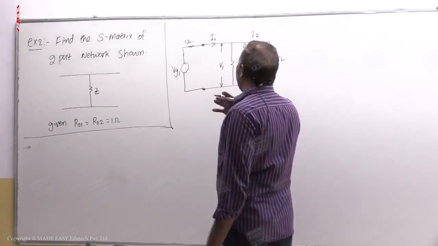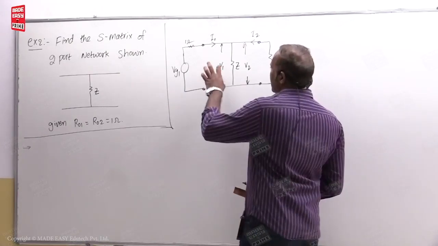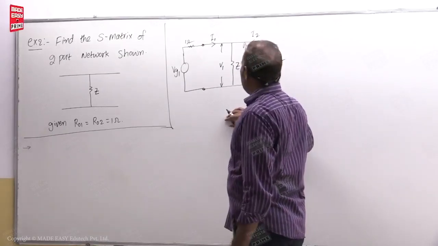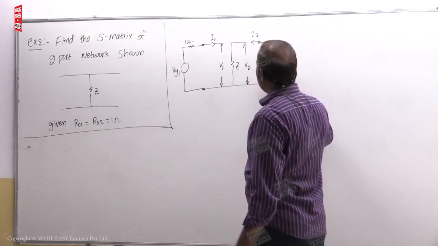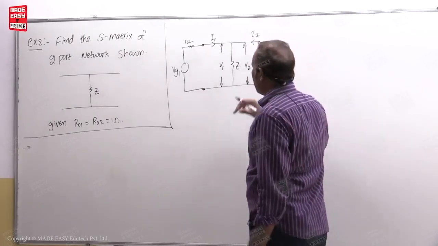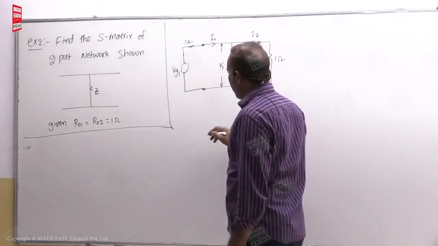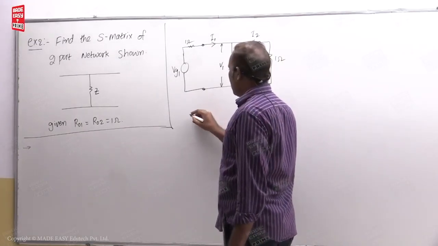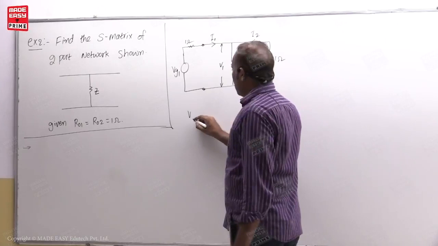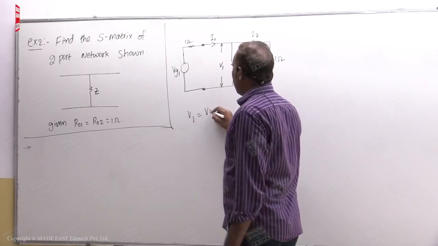Now, what is V1 by I1? Here there is no source, so for your convenience you can remove this one and this one. V1 is equal to Vg1.